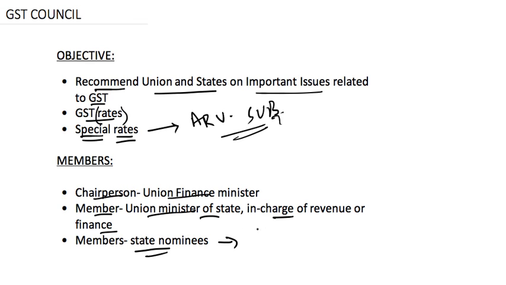It is provided in the act that preferably the states recommend a state minister of finance to the GST Council, but they can also recommend any other name. So these are the three broad classifications of members.